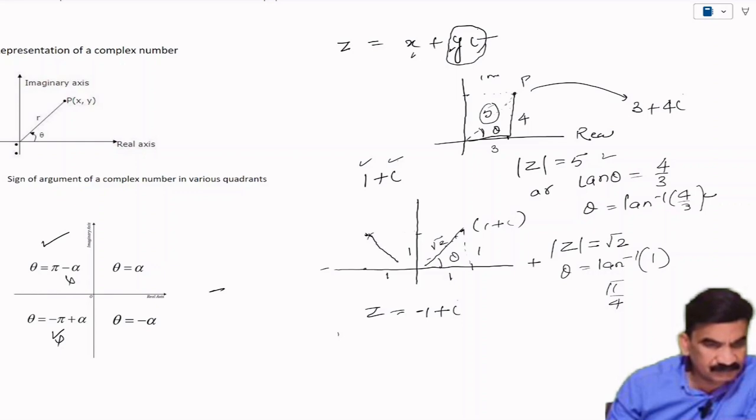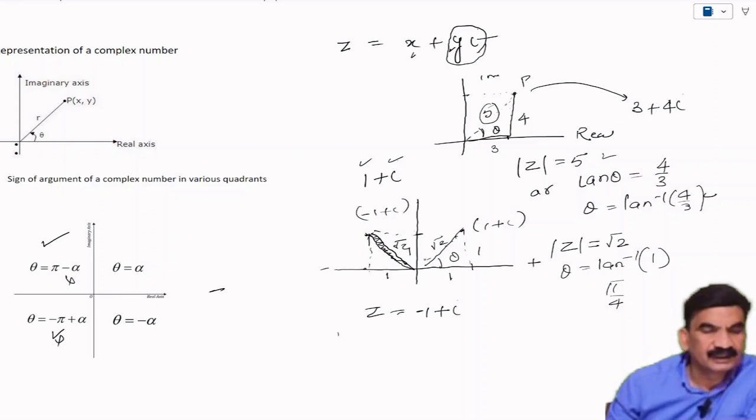So the number would be somewhere here, all right? This is the number -1 plus i. All good. I want to calculate the modulus, which will be root 2. Not a problem.